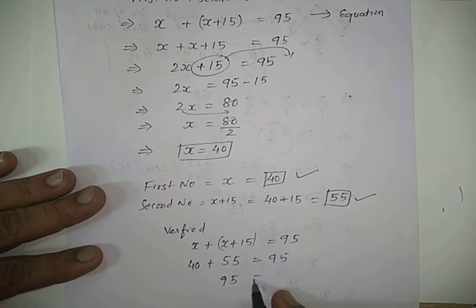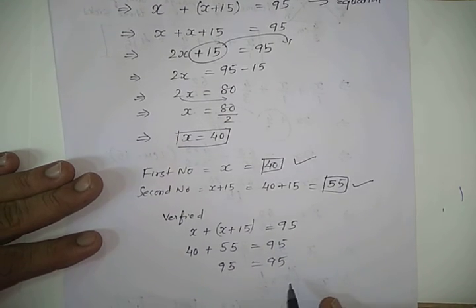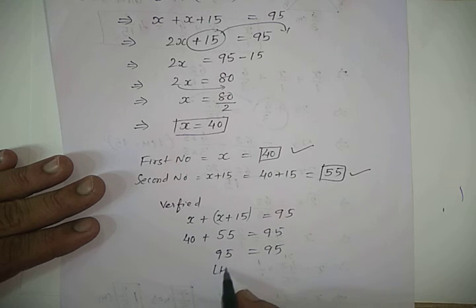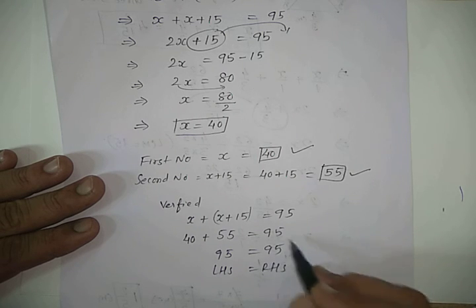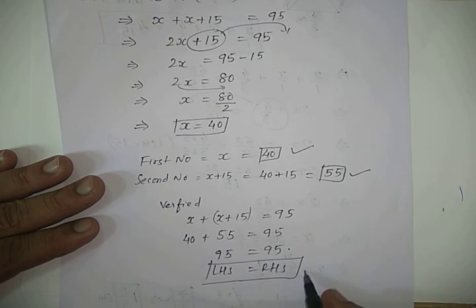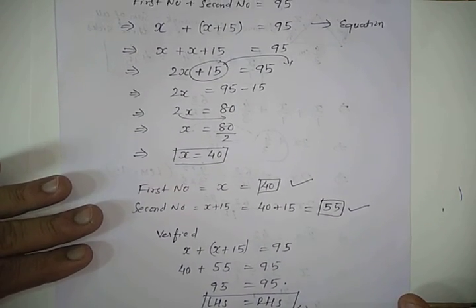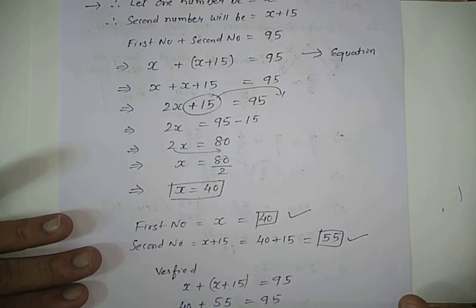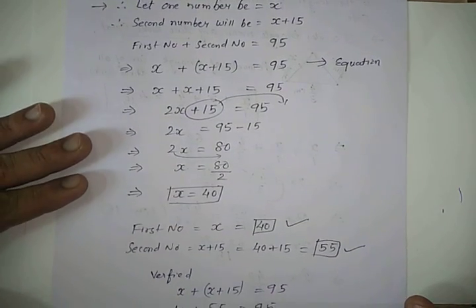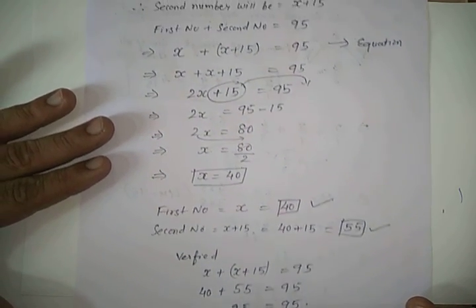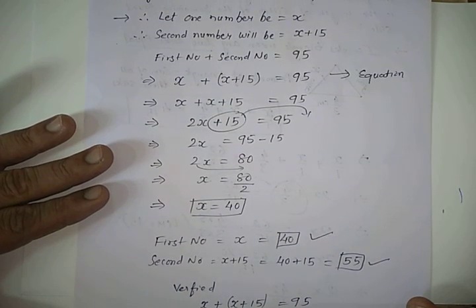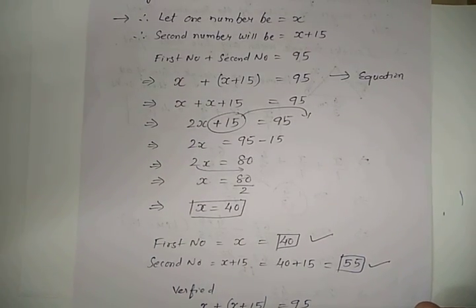So 95 is equal to 95. Clear? So LHS is equal to RHS. This is proved, and we have got that our answer is correct. You can yourself check that your answer is correct. Hope this third and fourth sum is also clear to you. Clear, friends? Hope you understood this, and we proceed further to the next.